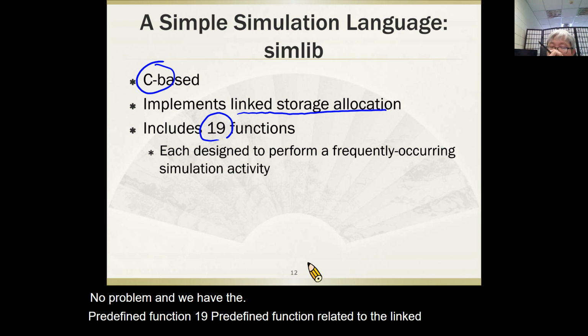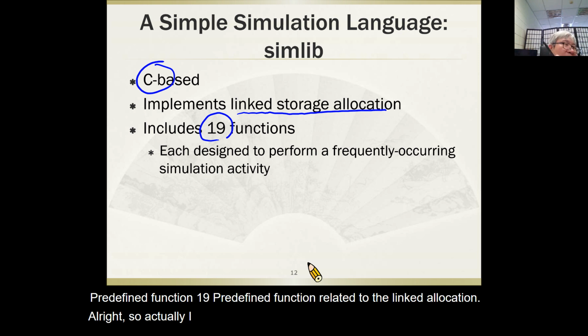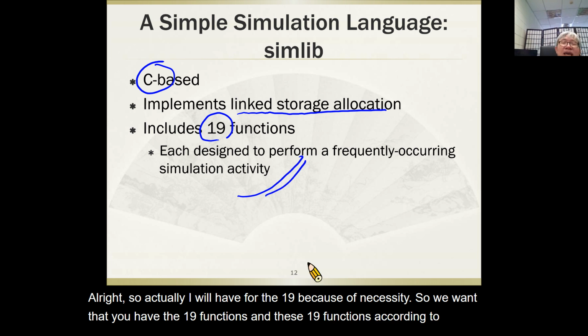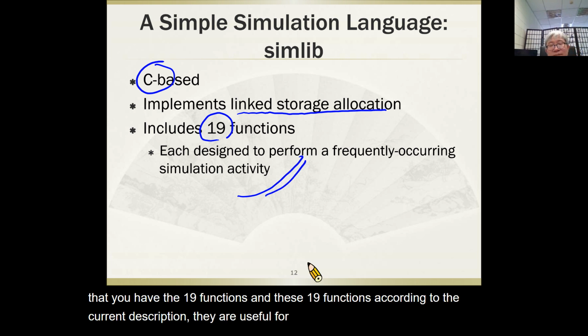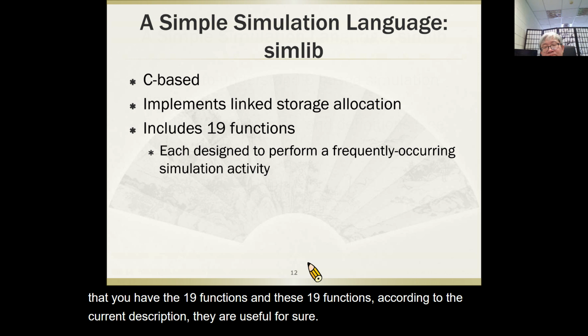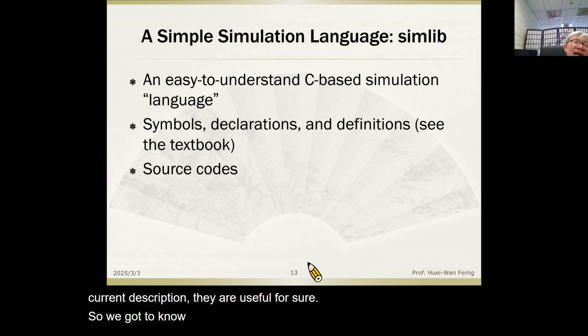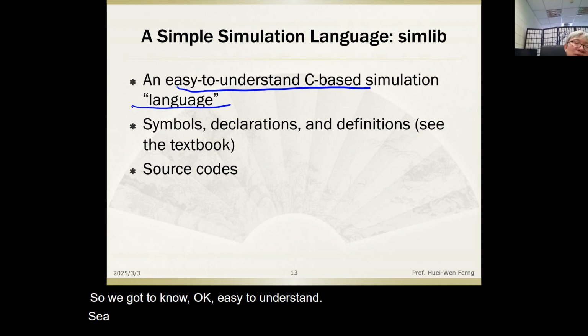Why do we have the 19? Because of necessity. We already have the 19 functions, and according to the current description, they are useful for sure. So we should know it is an easy to understand C-based simulation language.